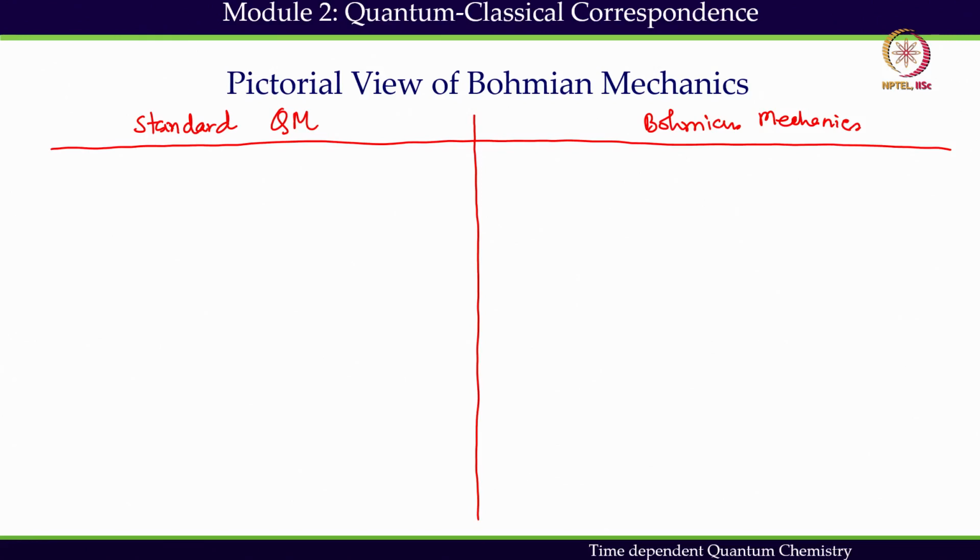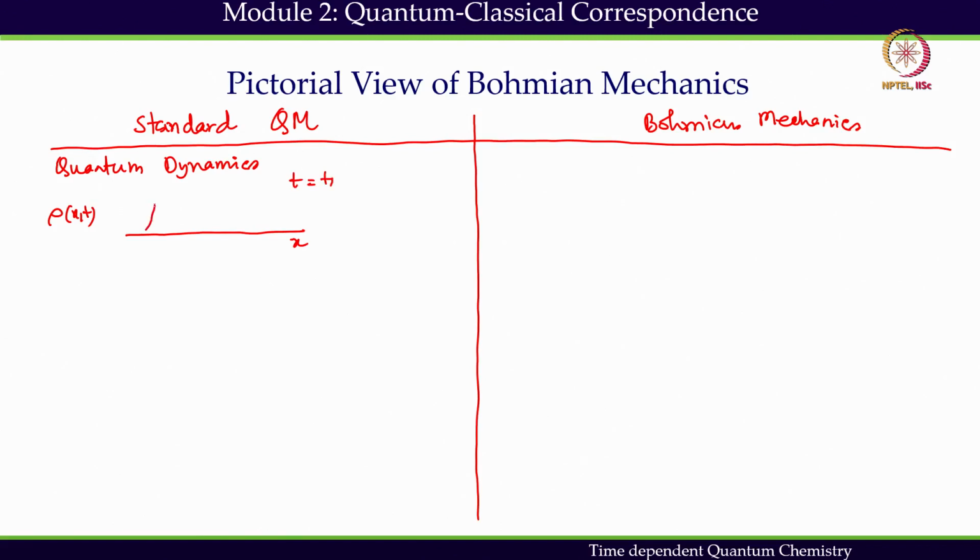So, in standard interpretation of quantum mechanics, quantum dynamics is represented in the following way. I have a density which is x, t dependent, and this is space. At time t equals t1, I have a certain density.